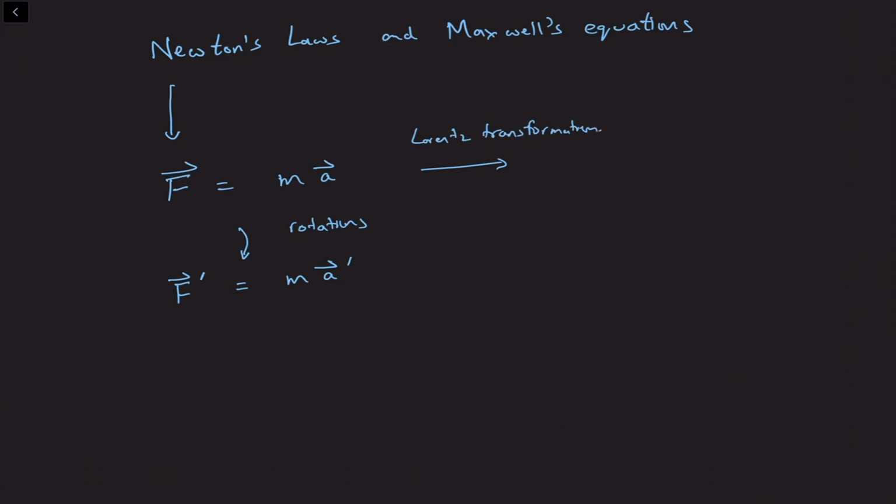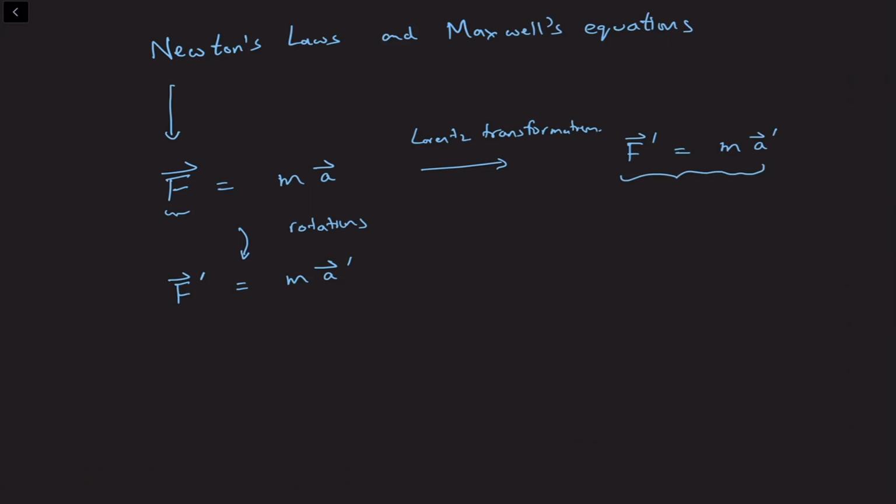for the law to retain its same form is that the dictionary should tell us that the force transforms to some F prime and the acceleration transforms to some a prime. Let's assume m is the rest mass, so it doesn't transform, in such a way that the form of the equation is preserved.